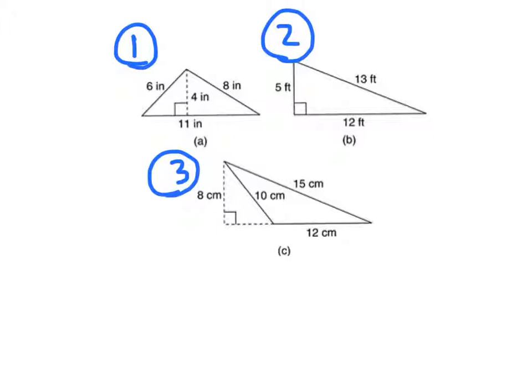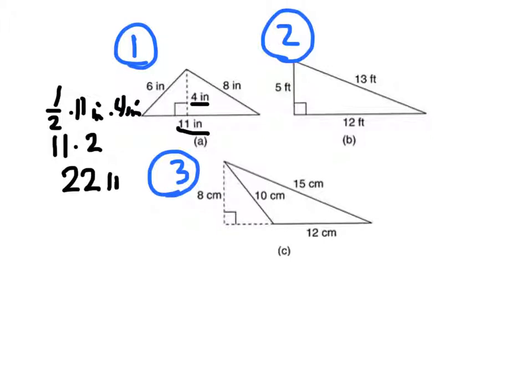For problem number 1, the base is 11 and the height is 4. So 1/2 of 11 inches times 4 inches. In this case, I'm going to choose to go 1/2 times 4 because that will give me an even number, which is 2, and then I'll multiply by 11. So 11 times 2 equals 22, and it's going to be squared inches.